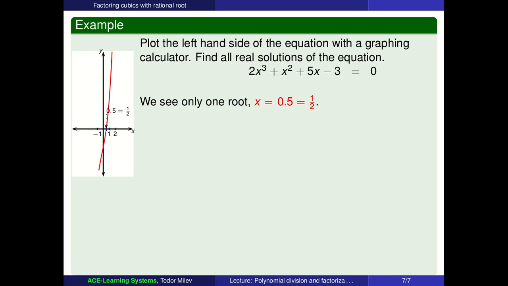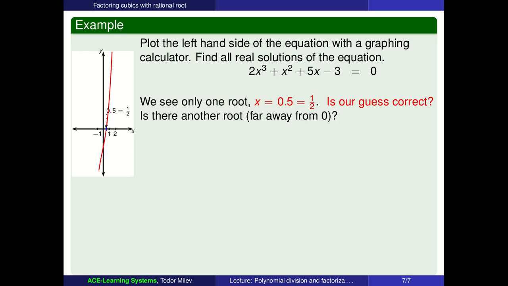Now, here, because of our issues, it was difficult. The picture was not zoomed in at a good enough resolution. Actually, we're not very certain of this guess. So we really want to verify that x equal to 1/2 is indeed a solution.